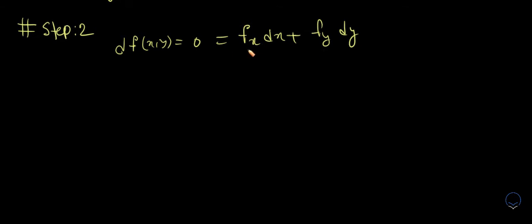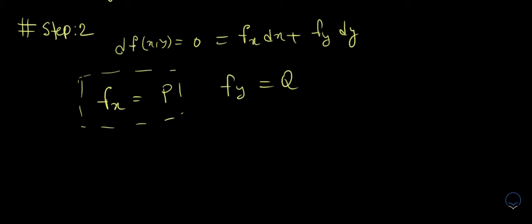And if you compare them, they would give you that f_x is equal to P, and f_y is equal to Q. Now let's start with this f_x equals P first, because this will help us in getting the function f(x,y). So let's try to do that first.